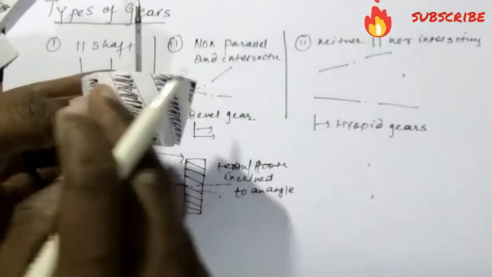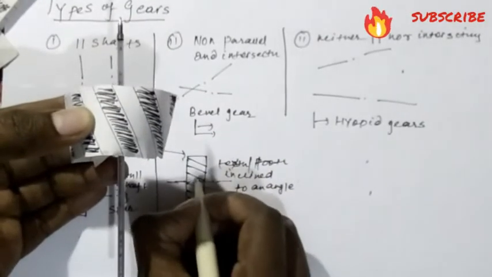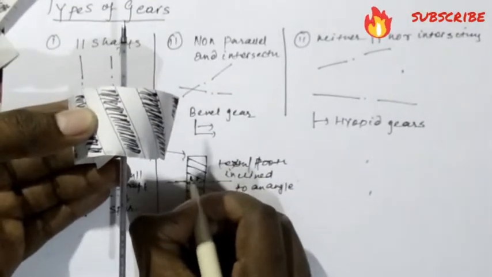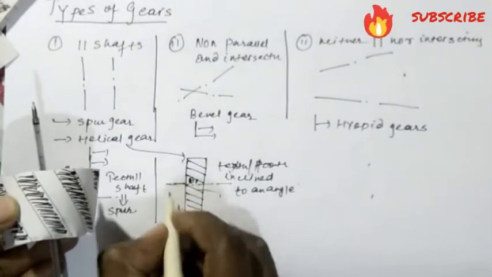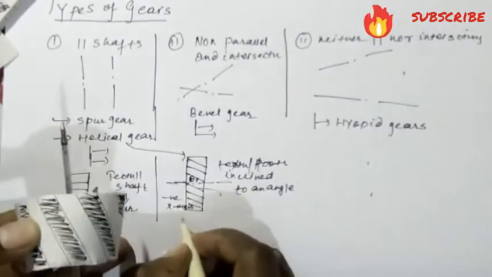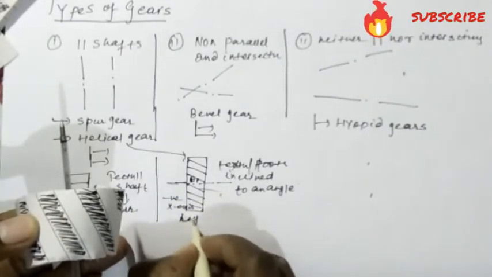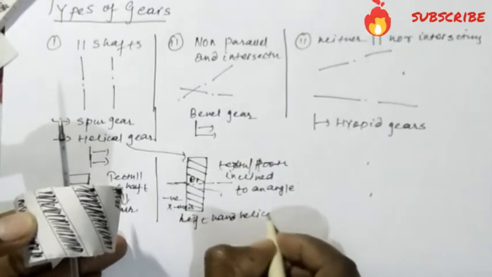Now if this is inclined in such a way that it is making an acute angle with the negative x-axis, it is called left hand helical. Left hand helical.